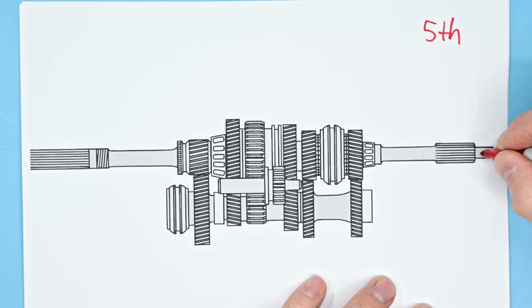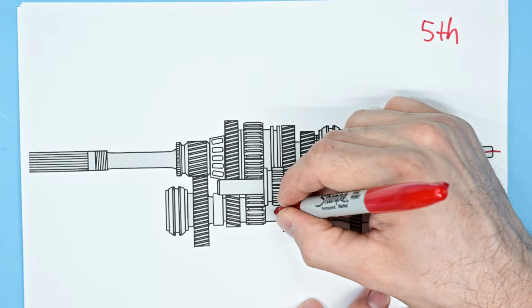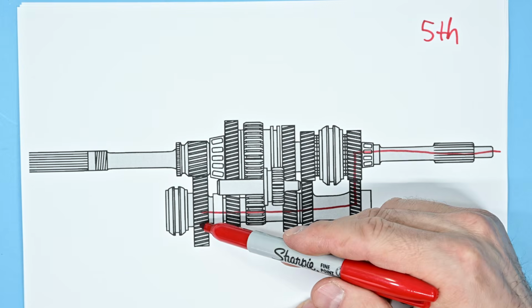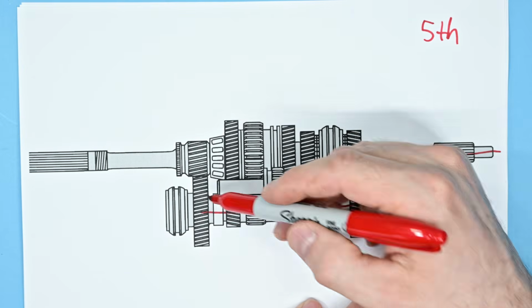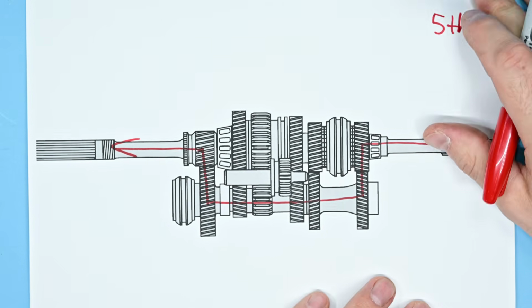Fifth gear, input shaft, down to the counter, and this time it goes all the way through. In fifth, we're in overdrive, so we have a big gear turning a small gear to give us extra speed. And it will come out that way.